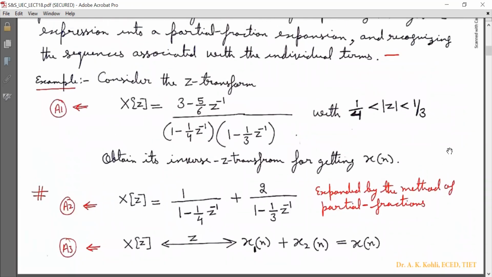Now consider the Z transform X(z) equal to (3 minus 5/6 z inverse) divided by (1 minus 1/4 z inverse) into (1 minus 1/3 z inverse), as shown on the screen, with region of convergence, that is, magnitude z lying between 1/4 and 1/3.